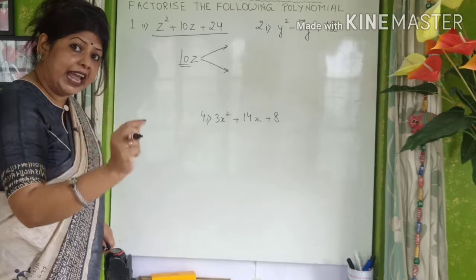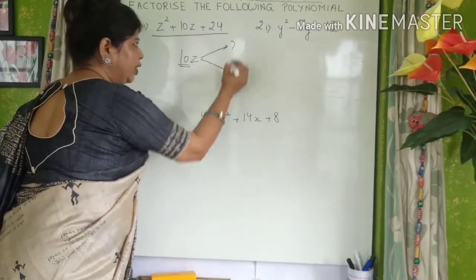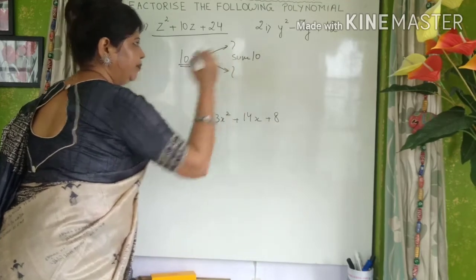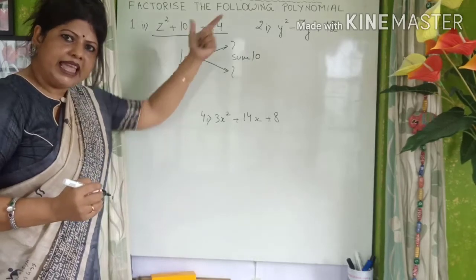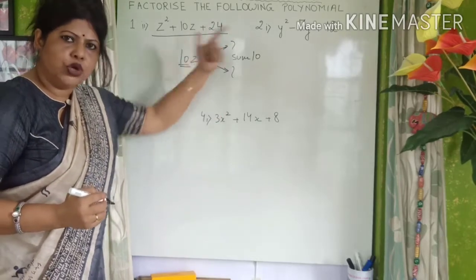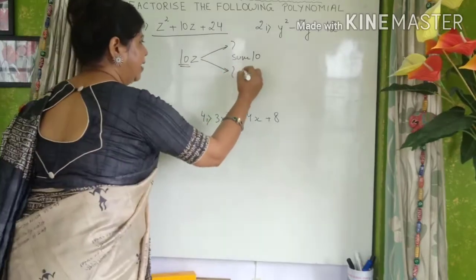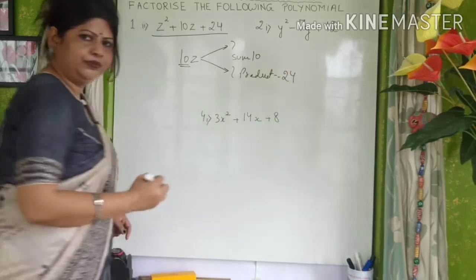You will break 10 into 2 different units in such a way that their sum will be 10 and their product will be 24.